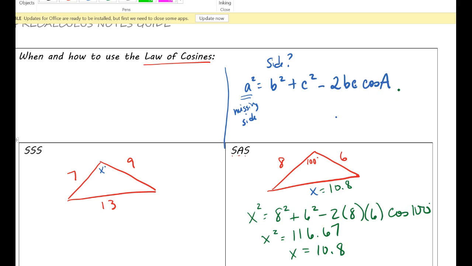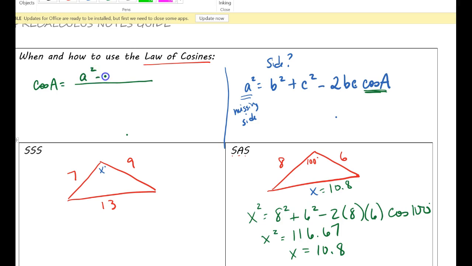Okay, so the way that you're probably going to see it written is like this. You're going to see the cosine of the angle is equal to this big old fraction. Now, think about this equation and trying to isolate that. What would we have to do? Well, we'd have to move these to the other side of the equation.